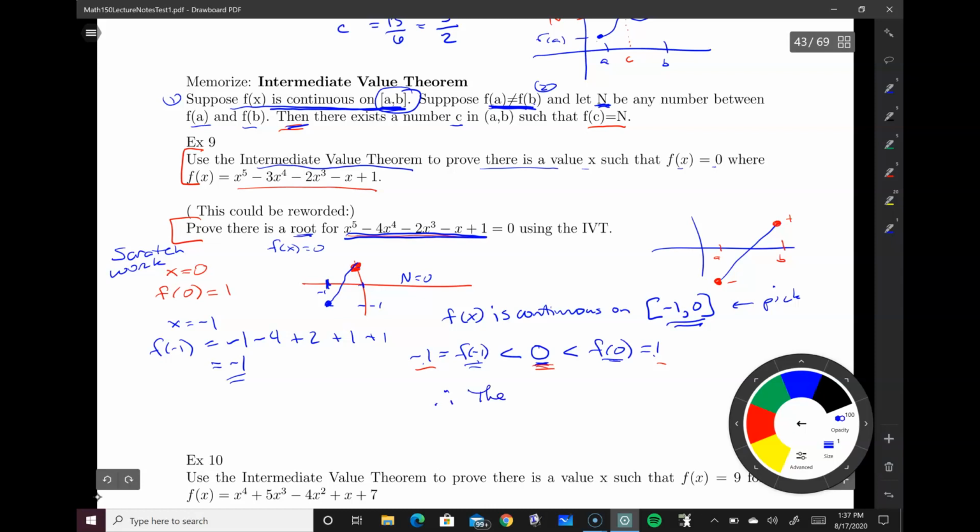Therefore, there is a value of c in between negative 1 and 0 so that f of c equals 0. This 0 being this 0, right? I know there's some c in between negative 1 and 0, so f of c equals 0.